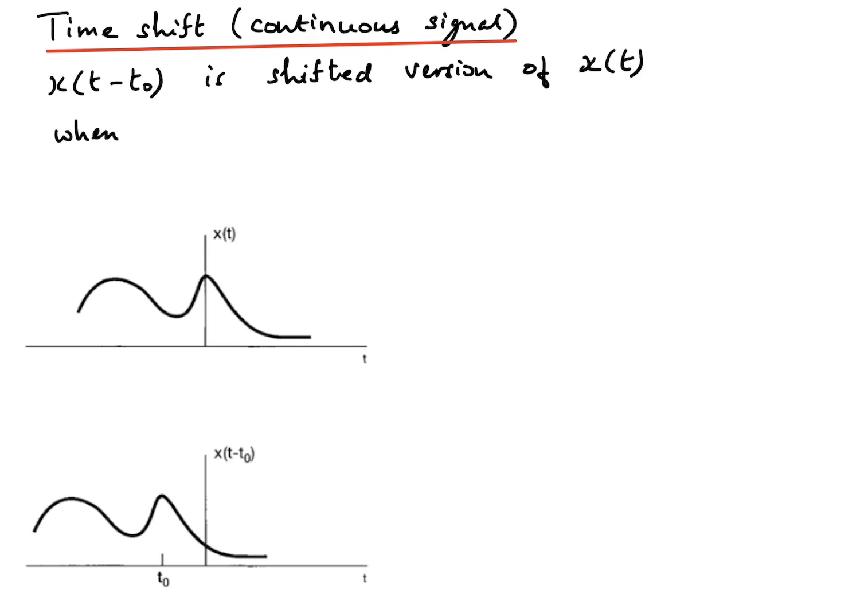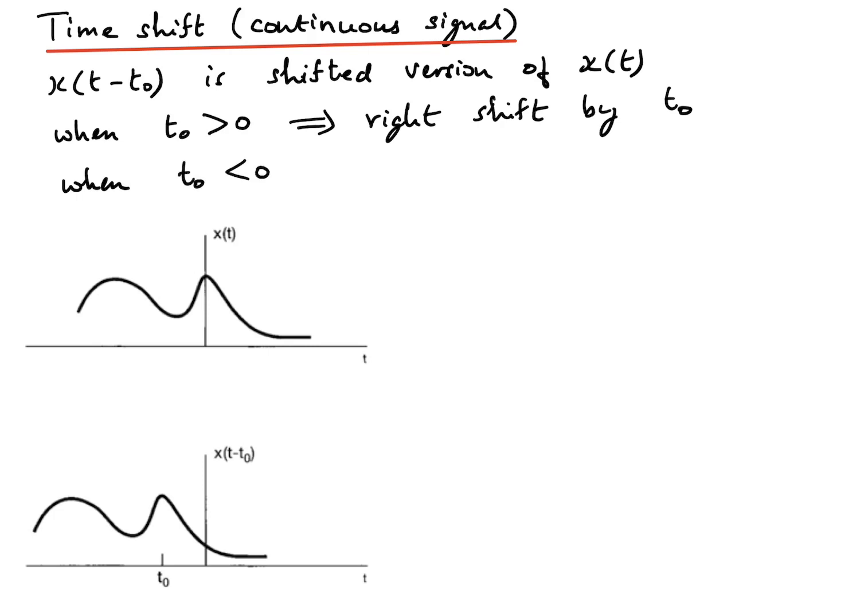So when t naught is positive, the shift is to the right, so it's a right shift by t naught. When t naught is negative, that is less than 0, then it is a left shift by an amount t naught.